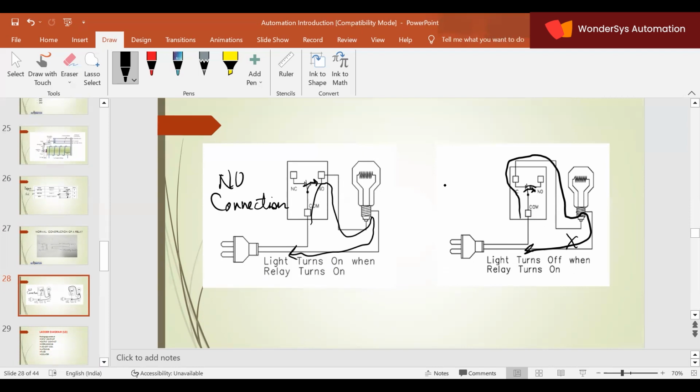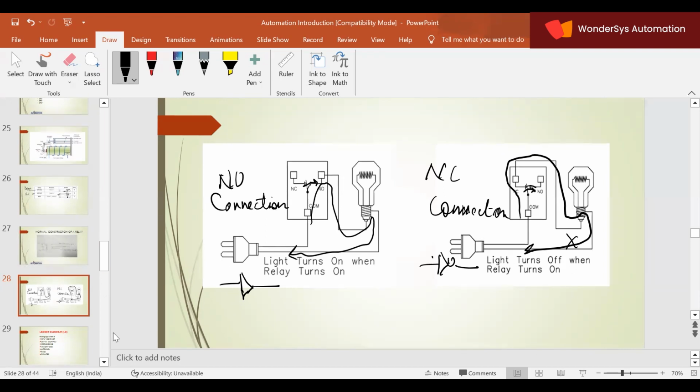At that time, no current flows. So this is the NC connection. To remember this, we can imagine that this is a NOT gate, and this we can imagine as a buffer. So based on this, we have NC and NO connections in a ladder diagram.